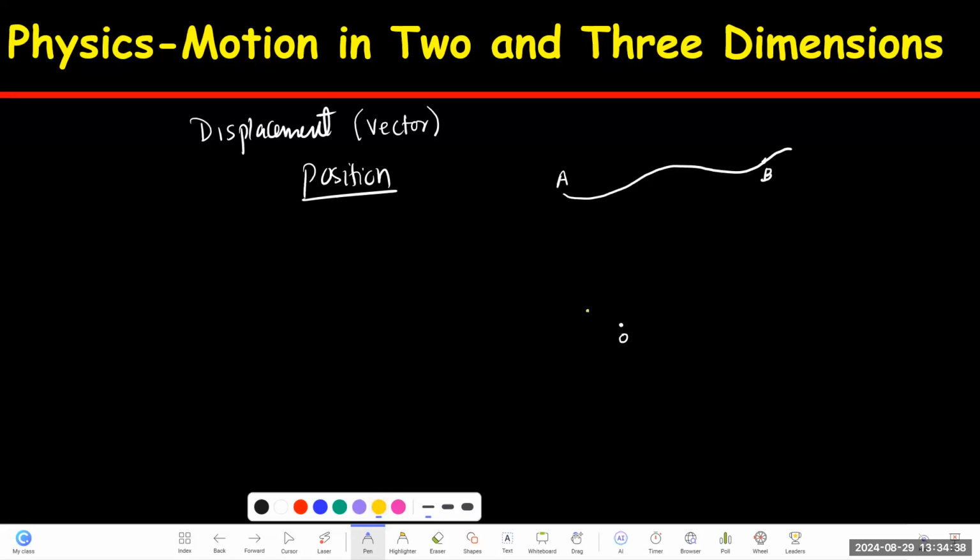I'm going to make two vectors. I'm going to call them RA and RB. What are RA and RB? Those are position vectors.